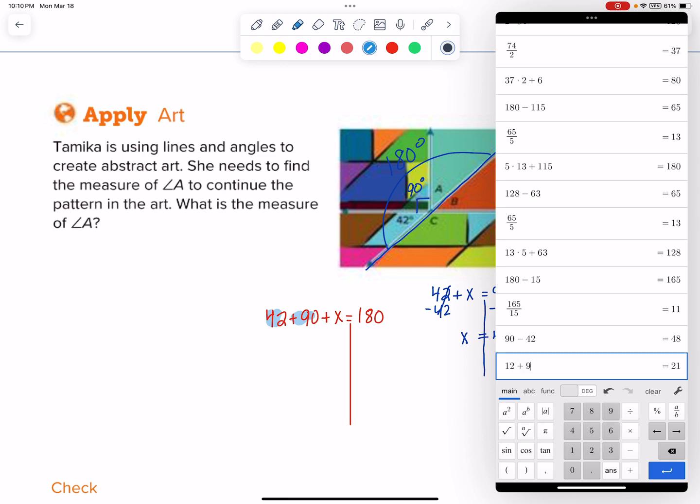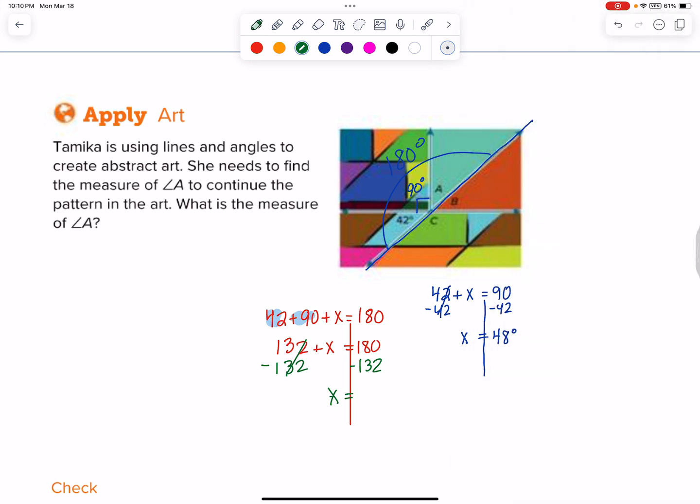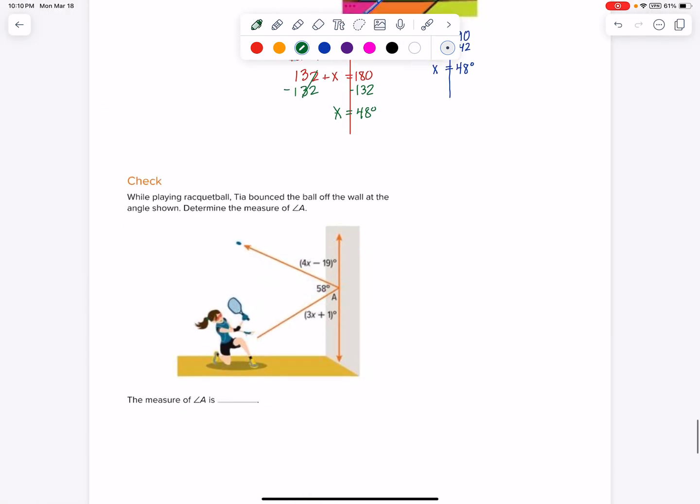They're like terms. So we have 42 plus 90, and that's 132 already. So we have 132 plus x equals 180. Okay, how do I get the x by itself? Well, let's subtract 132 from both sides, and we end up with x equals, let's see, 180 minus 132, ta-da, 48. Same answer, two different ways, which is what I love about this kind of math.